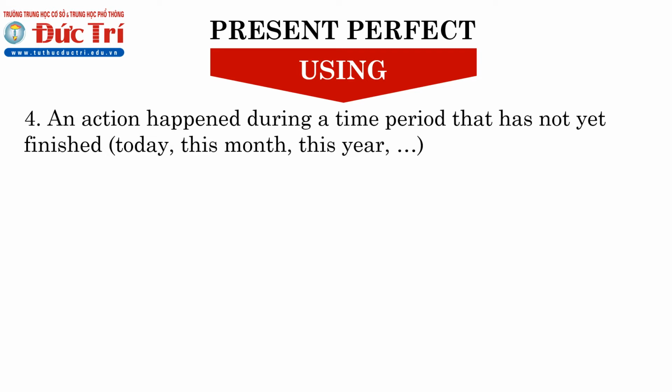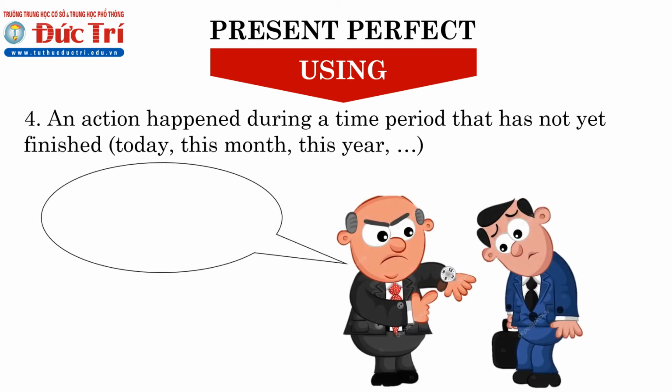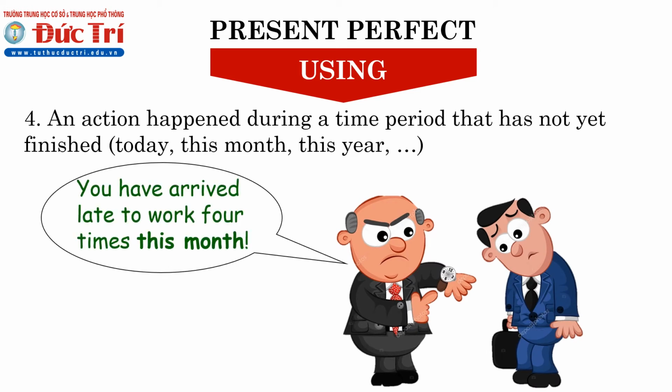What does it mean, a time period that has not yet finished? Look at the example. You've arrived late to work 4 times this month. I use the present perfect here because this month is not finished.